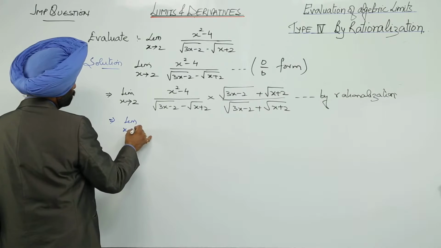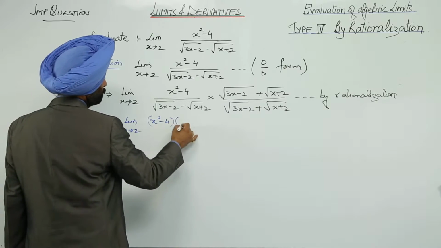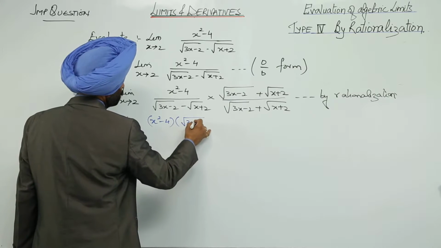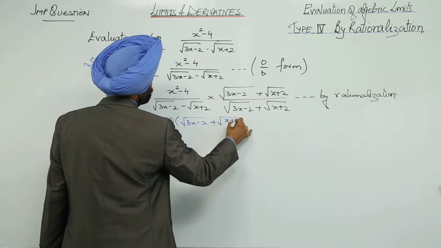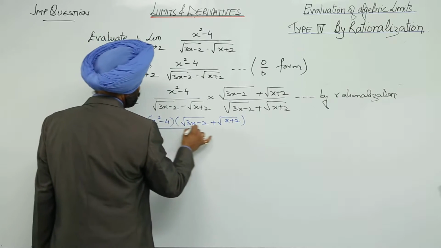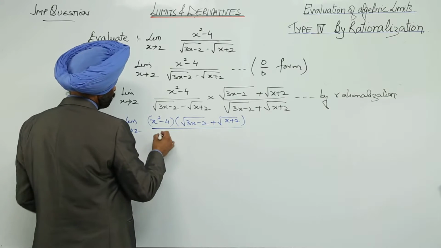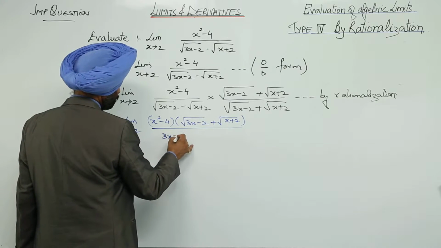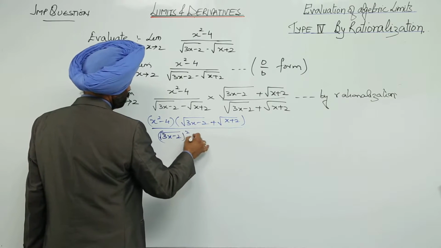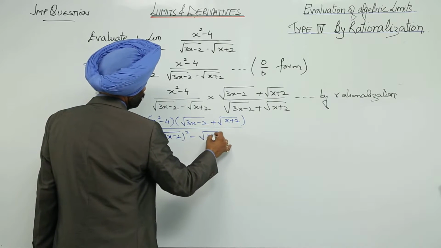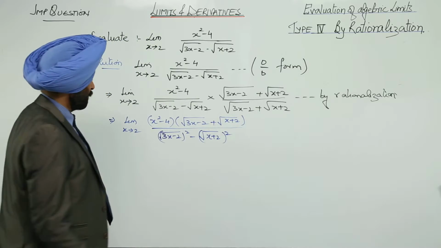Limit x approaches 2, x² − 4, (√(3x − 2) + √(x + 2)) upon (√(3x − 2))² − (√(x + 2))². Okay.